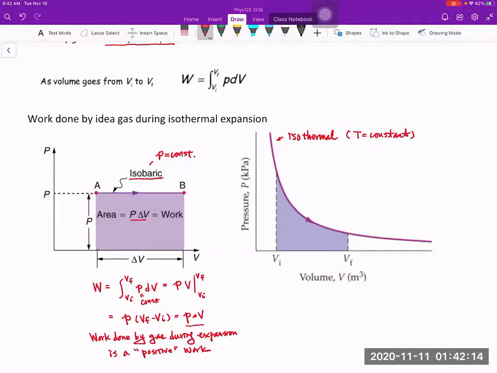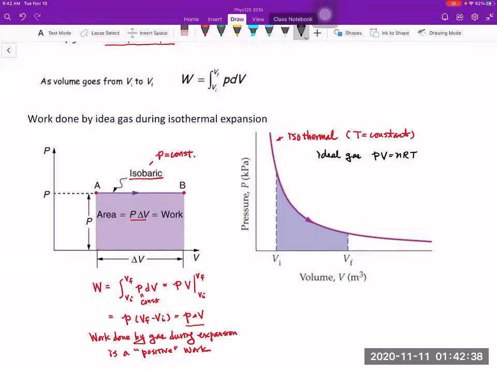Well, if this is an ideal gas, the ideal gas has an ideal gas equation. That is PV equals mRT. And here m is the number of moles, and R is simply a constant.